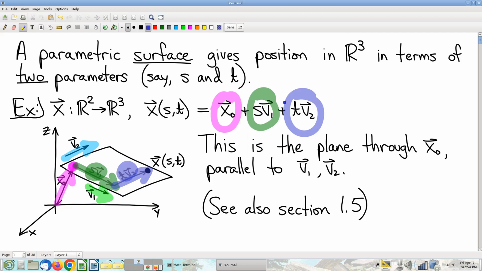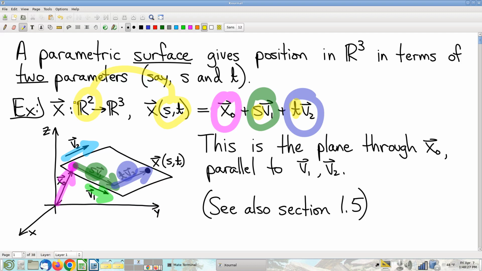And furthermore, notice that by the choice of these parameters, S and T, which are the inputs to this function, depending on what S and T you pick, that just controls how far you move in the one direction, how far you move in the other direction, and you can choose those parameters to be whatever you want, of course. They are input parameters, and so you can move basically anywhere in the plane. As a result, over all values of S and T, this sweeps out the entire plane.